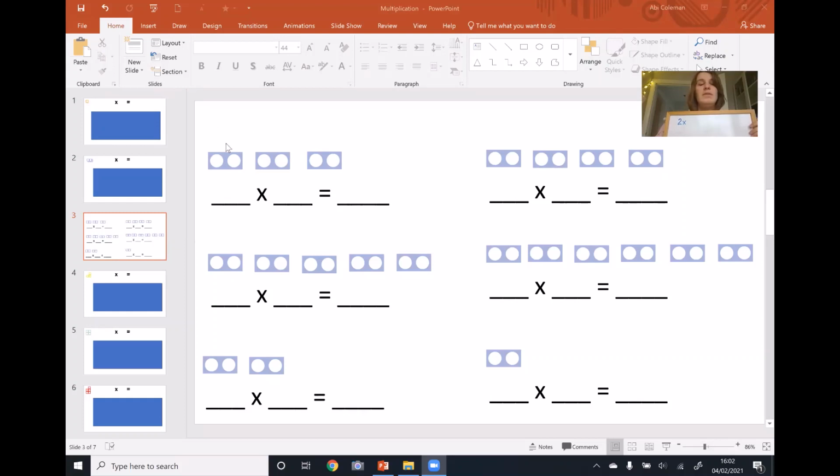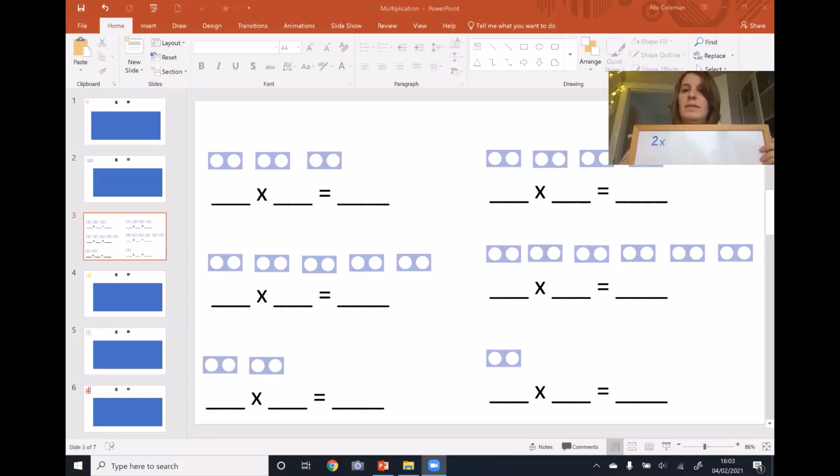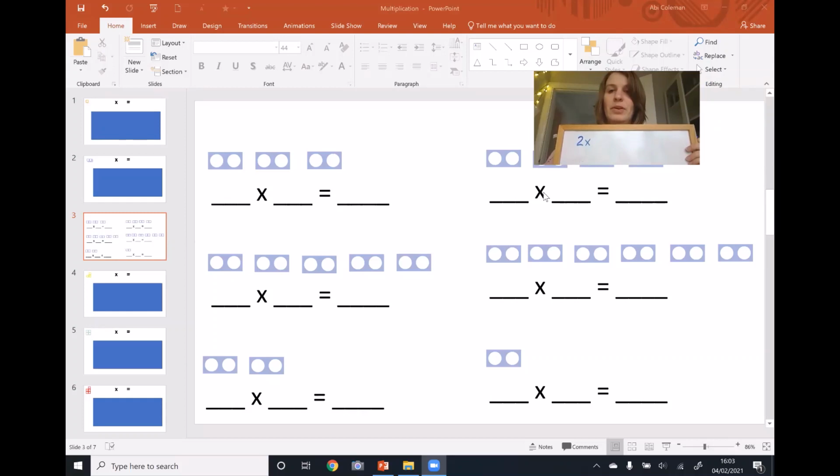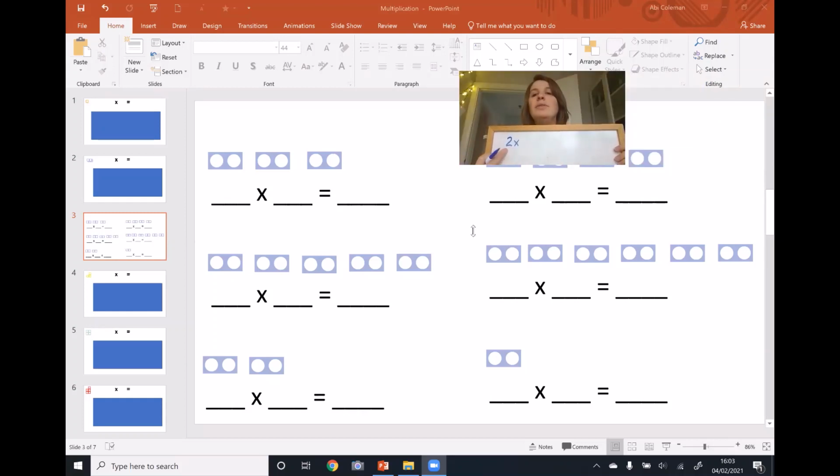That's right, we've got it 3 times. 1, 2, 3. So I've got my number 2. Can you see the little screen down here? Let's see if I can make that a little bit bigger and I won't have to keep swapping between the 2. Okay, so I've got the number 2 here and I've got it 3 times. So I'm going to write the number 3 on there. So I've got 2 and I've got it 3 times.